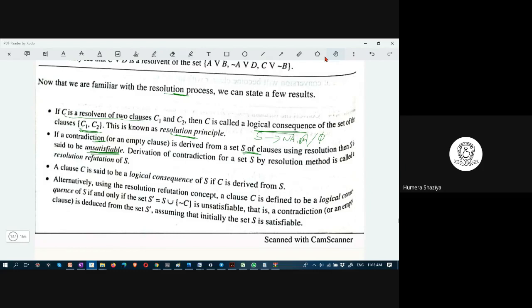The derivation of a contradiction for a set S by the resolution method is called resolution refutation. This is proof by contradiction, which is known as a resolution refutation of S, where S is a set of clauses.